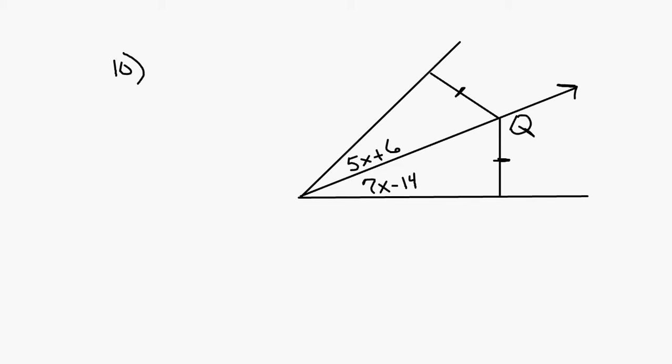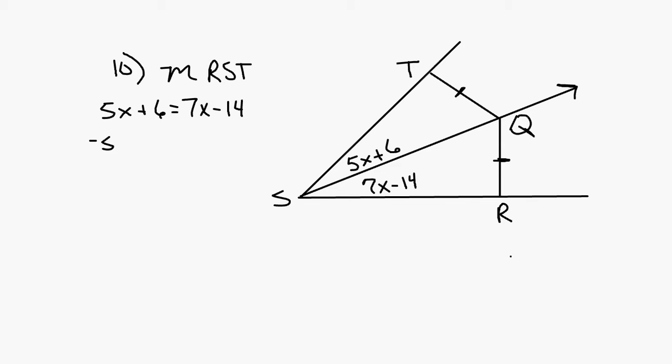They ask for the measure of RST again, and this is R, S, and T. You have to solve for x, so 5x plus 6 is equal to 7x minus 14. Subtract 5x from each side.